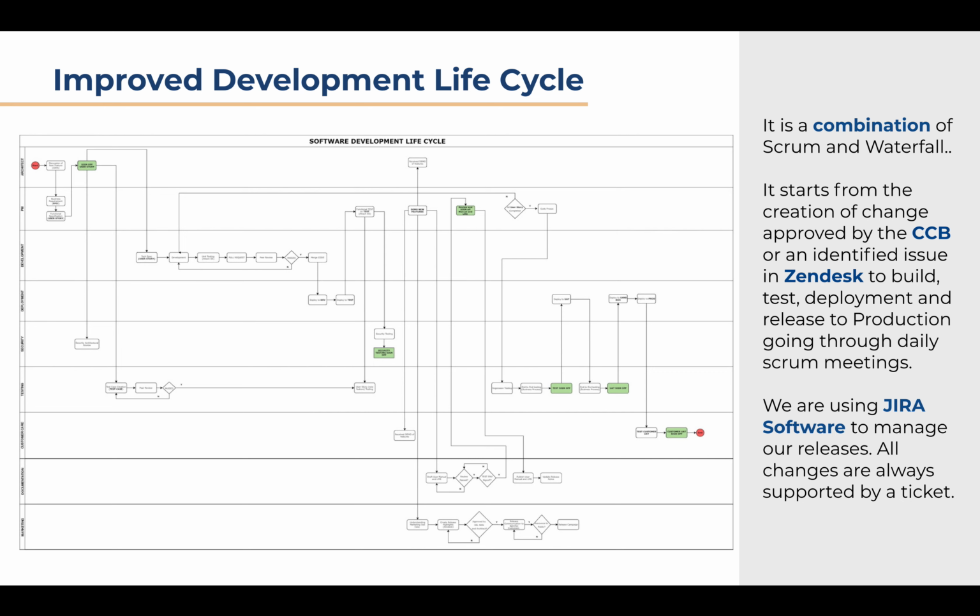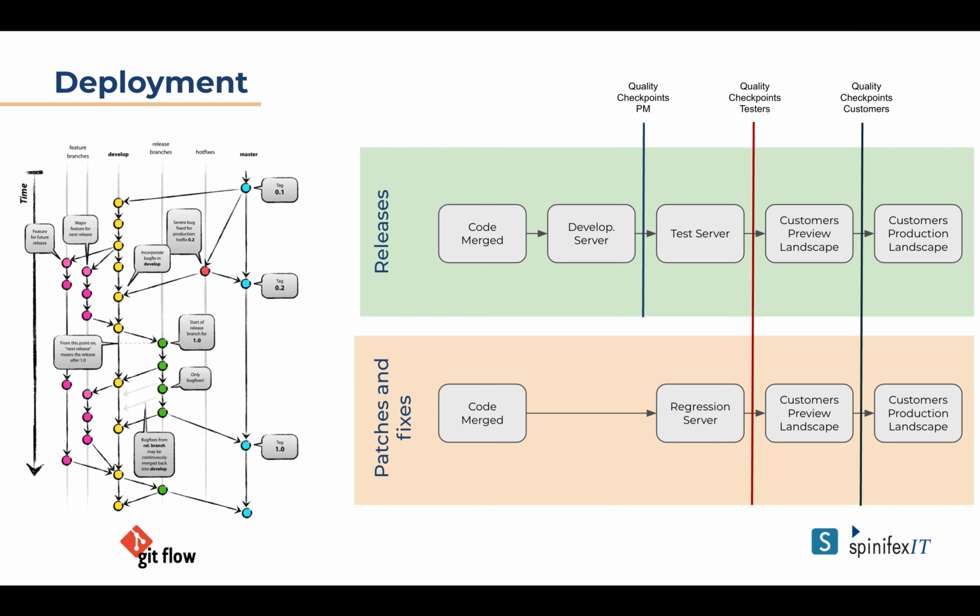For tracking purposes, we are using Jira software to manage the release, and we do have a lot of peer review process. I will probably cover that in one of the next slides. What is important to know is that the way cloud solutions are developed is by using a code repository.